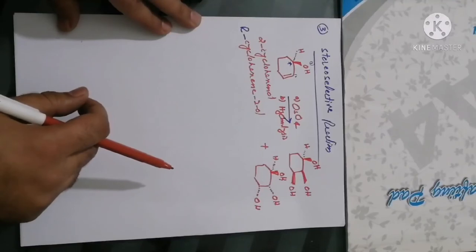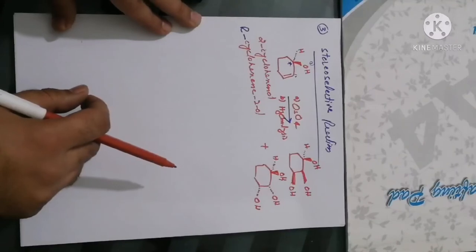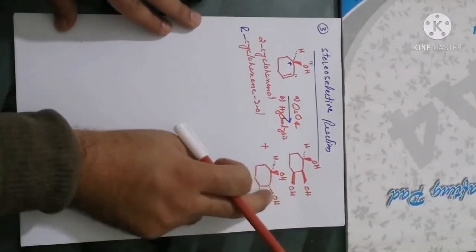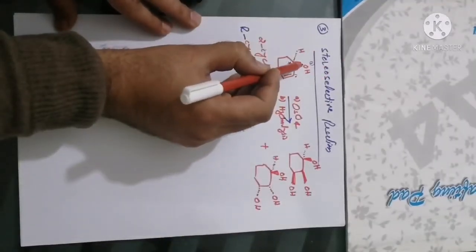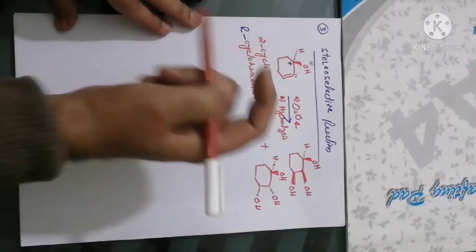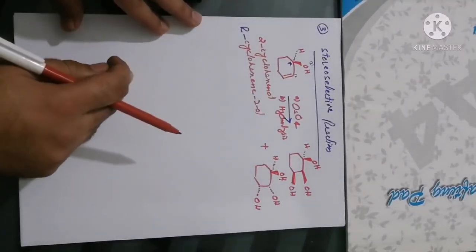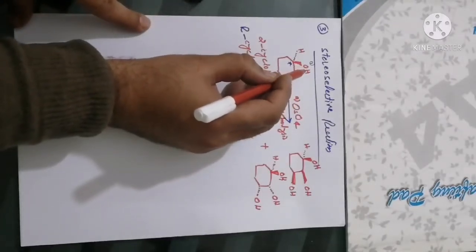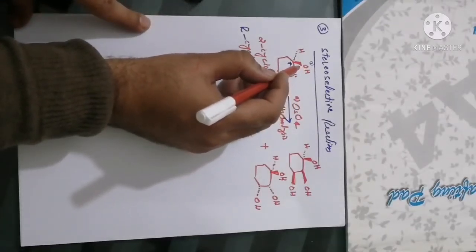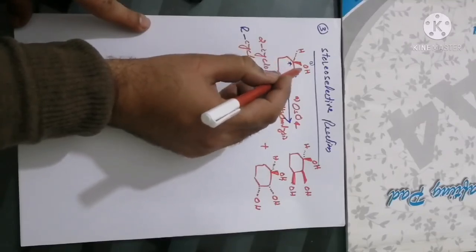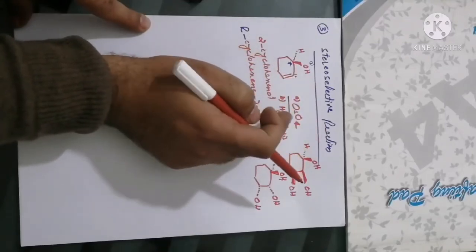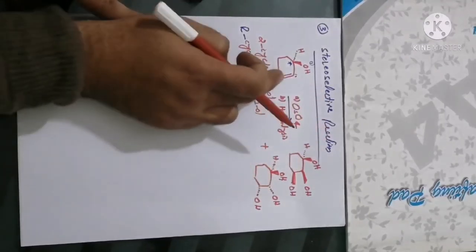Which one is in the major amount? Actually, the concentration of the two stereoisomers depends upon the already present polar functional groups. I hope you understood in our previous class, when I talked about it, that the presence of polar functional sites already attached to the molecule will decide whether the electrophile will attack from the upper face or from the lower face.